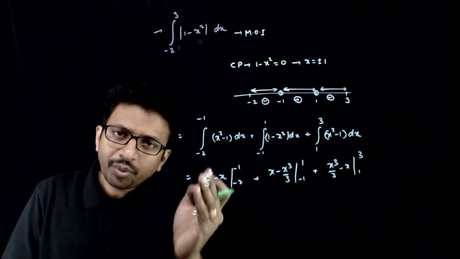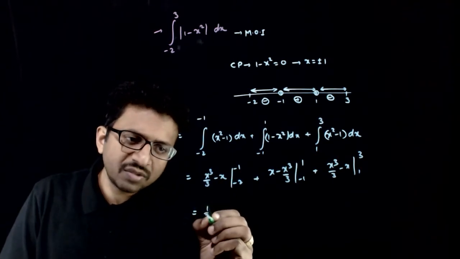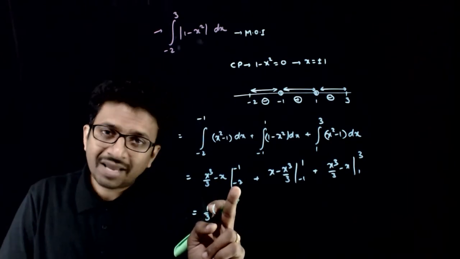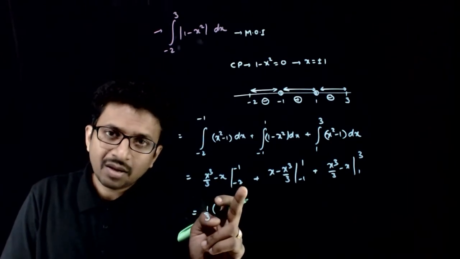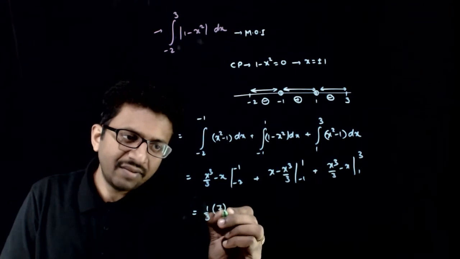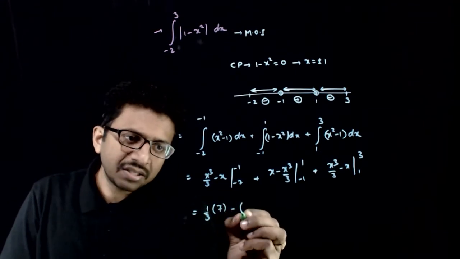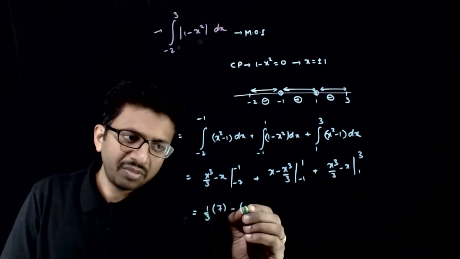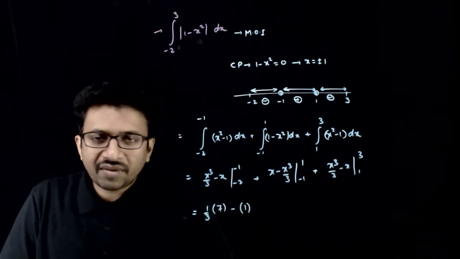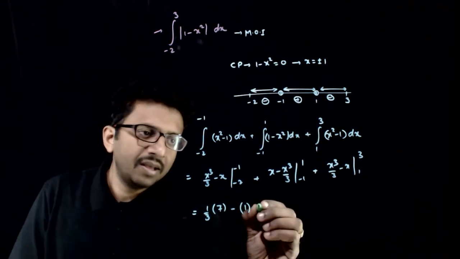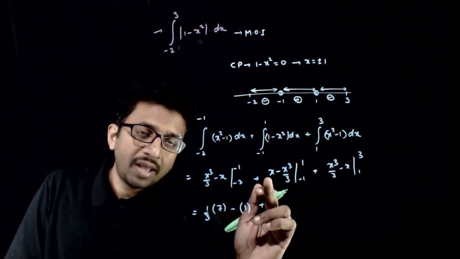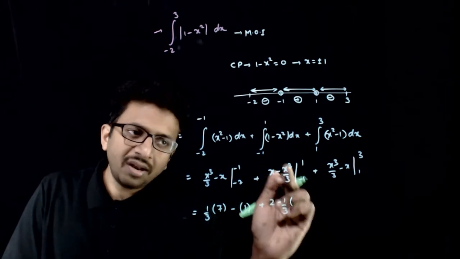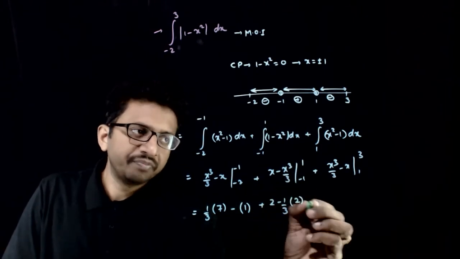Now if you put the limits, the first term is 1 by 3 times -1 minus of -8, so -1 plus 8 is 7, minus of -1 plus 2 is 1. So 7 by 3 minus 1. Plus x minus x cubed by 3 from -1 to 1 is 2 minus 1 by 3 times 1 minus of -1, which is again 2 minus 2 by 3.